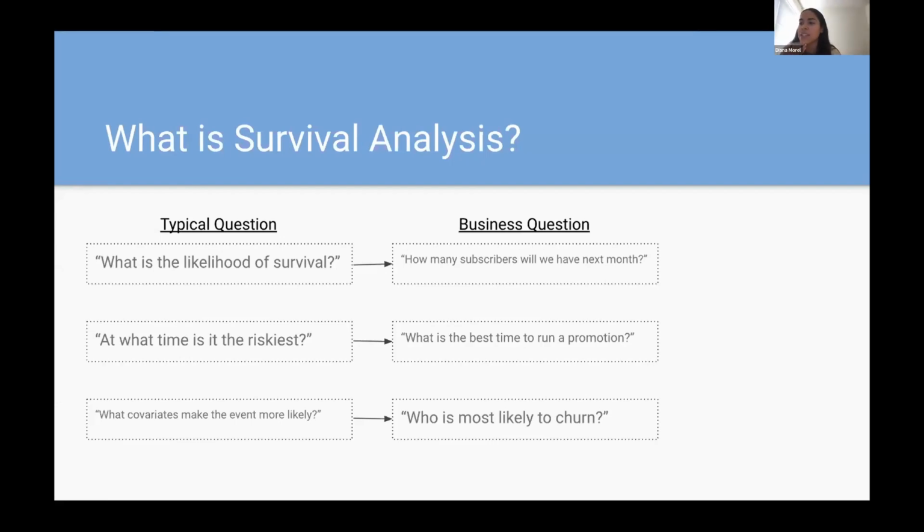So for example, what is the likelihood of survival could be used to answer how many subscribers will we have next month? Knowing what time is the riskiest for an event to occur could also help with answering what is the best time to run a promotion, and looking at what type of people are most likely to churn helps with looking at the different covariates or the different features that would lead to churn.